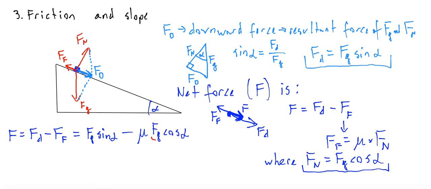This Fg cosine alpha is the normal reaction force, and mu times the normal reaction force gives friction, and of course this is our downward force. I finished. So please copy this. On the next slide I'm going to give you the equations again, one below another, and we will do one exercise. So please copy this when you are ready. Then next slide.